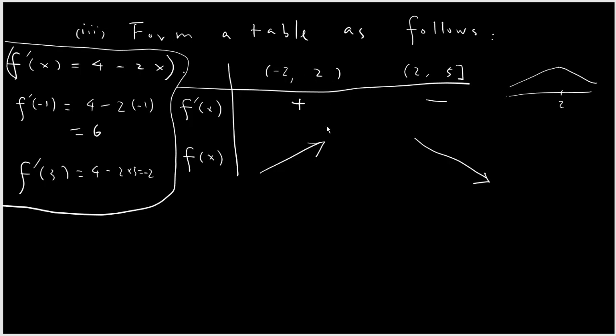To the left of 2, the function is always increasing. To the right of 2, the function is always decreasing, right? The graph has to be kind of in that shape. It's probably curved, okay? Which means 2 has to be the location of the absolute maximum. You see how the table is useful, okay?